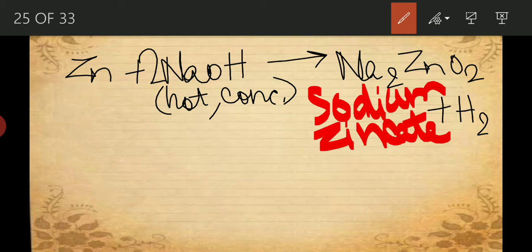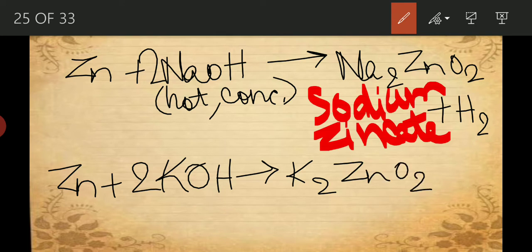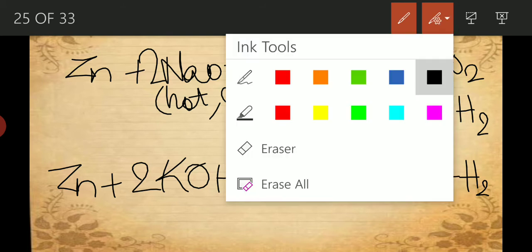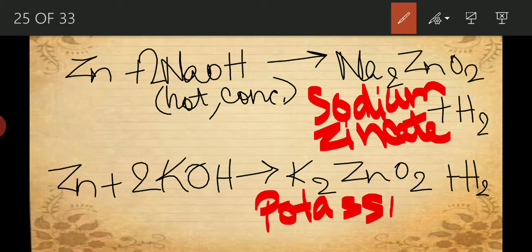Now next we will see when zinc reacts with potassium hydroxide. Again the same condition, hot and concentrated, then it will form the corresponding salt, that is K2ZnO2, and hydrogen. K2ZnO2 is potassium zincate.